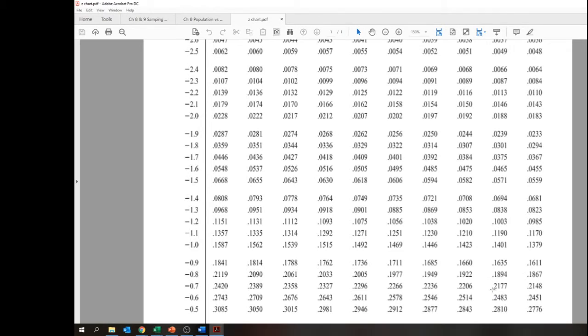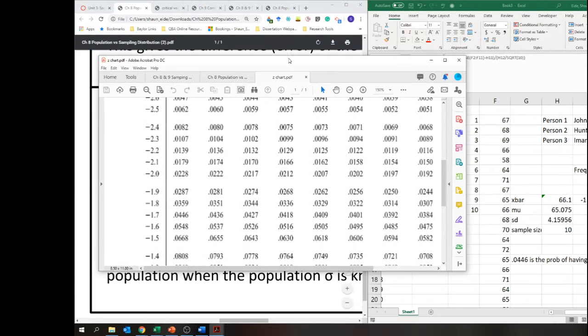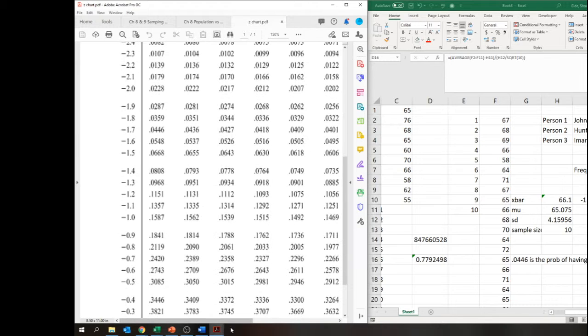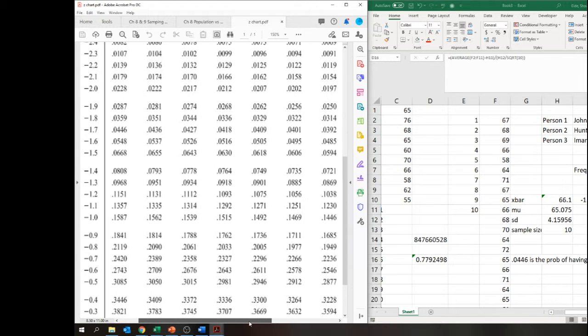So 0.779 or 0.78. So this right here is the probability of a group of 10 having an average height of, okay, let's see here.